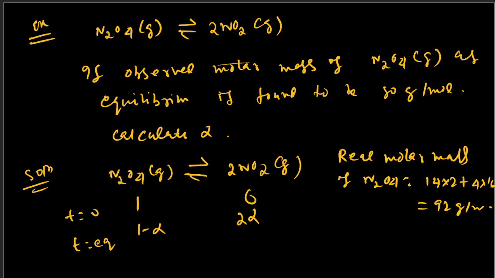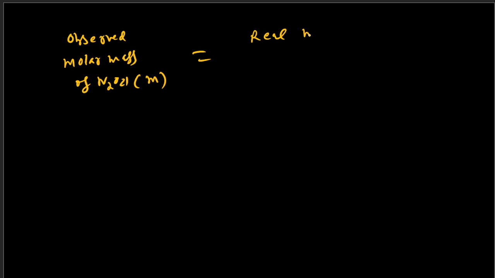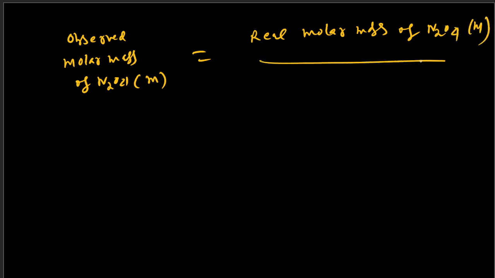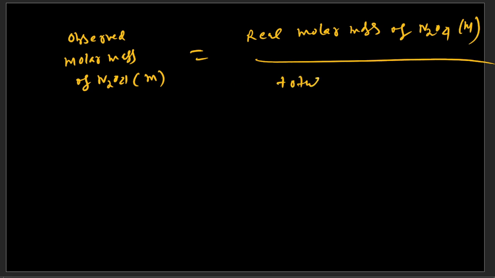So the observed molar mass of N2O4, represented by small m, is equal to the real molar mass of N2O4, represented by capital M, divided by the total number of moles in the mixture at equilibrium.